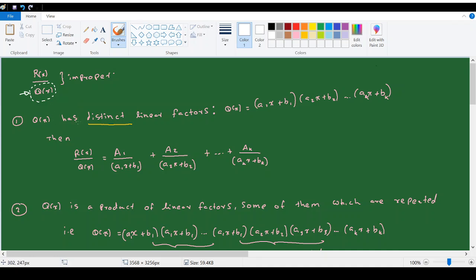Now in the first category, if Q(x), now from that theorem that we learned in the previous video, we know that Q(x) has linear factors. Like Q(x) can be written as a product of linear factors as well as irreducible quadratics, right?